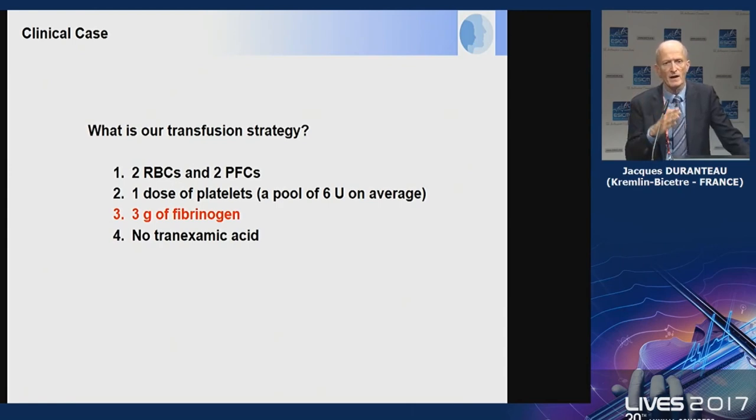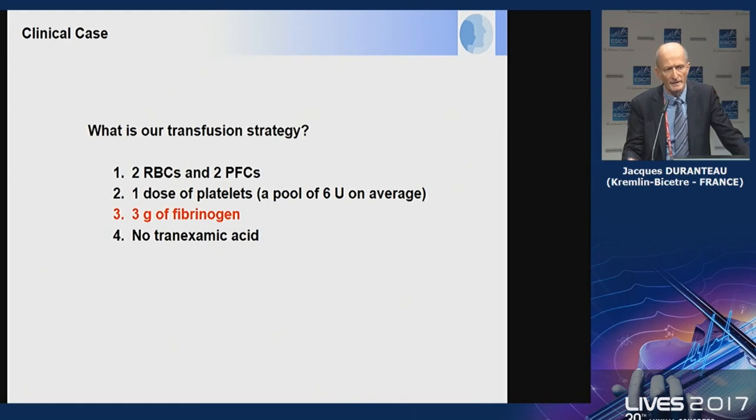So I don't know how it is in your unit, but for example, in my unit, when we have to deal with a hemorrhagic shock, the first order is 4 red blood cells, 4 FFP. In some units it could be 6 and 6. So it's clearly a 1-to-1 strategy.